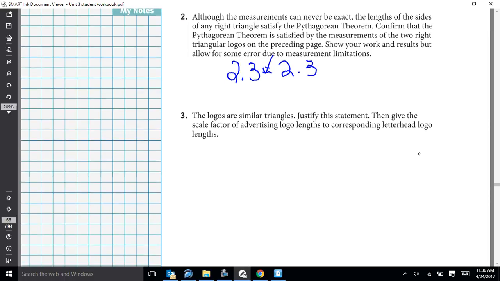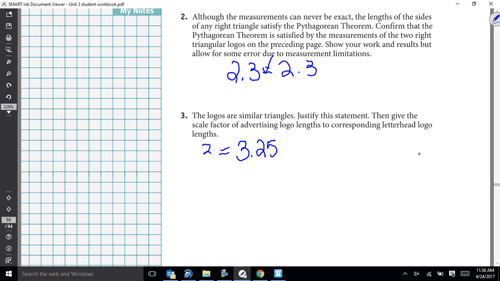The logos are similar triangles. Justify the statement, then give the scale factor of advertising logo lengths to corresponding letterhead lengths. So what were our side lengths for the advertising logo, the big one? The hypotenuse is 3.25. The long leg is 3 inches.